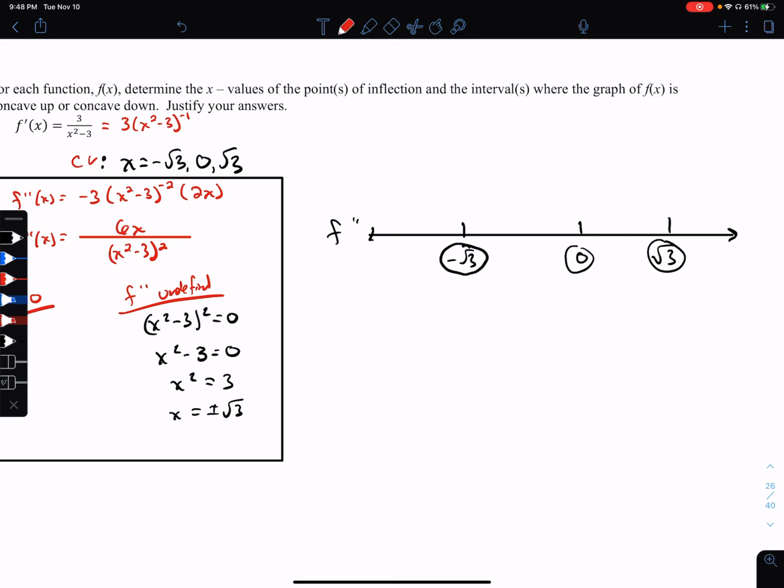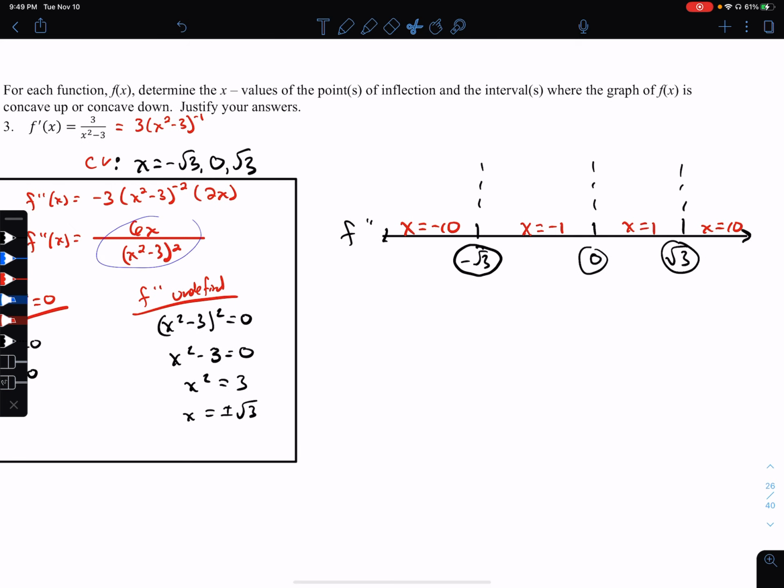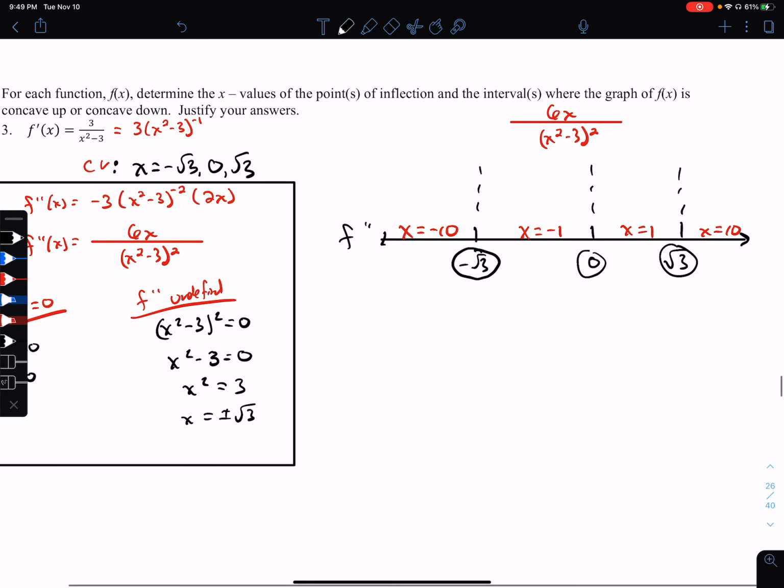So we pick a test point, which you don't have to disclose. I'm going to disclose what I'm using since you're taking notes. On the AP test, you don't have to say what your test values are. We are breaking this into 4 different groups and plugging into the second derivative.